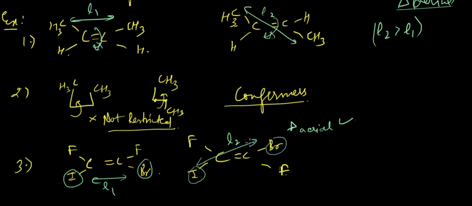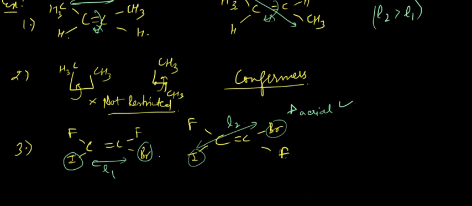One more thing: there is a naming convention for geometrical isomerism as well. This compound is called Z and this is called E. What I mean is, if the most bulky groups are opposite to each other or at a greater distance from each other, then it is called E configuration, for L2 greater than L1.